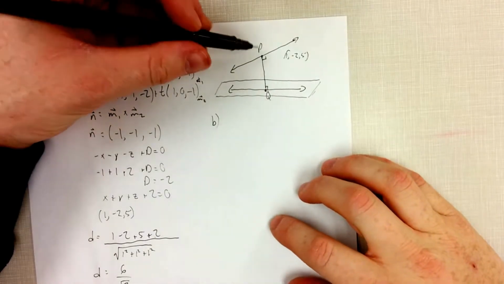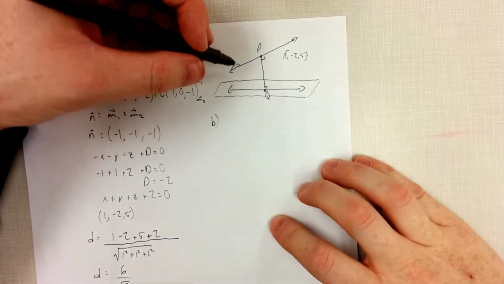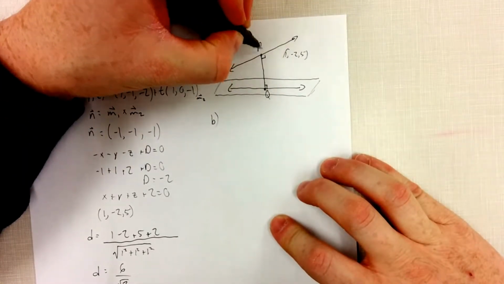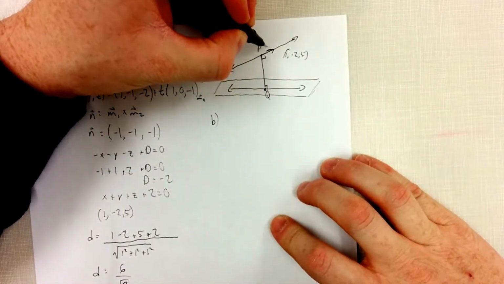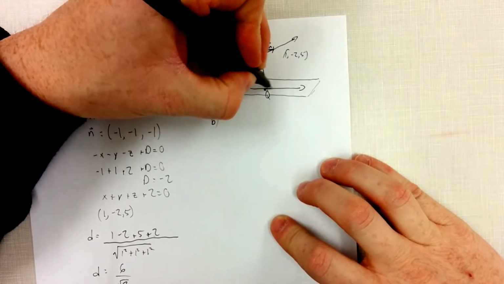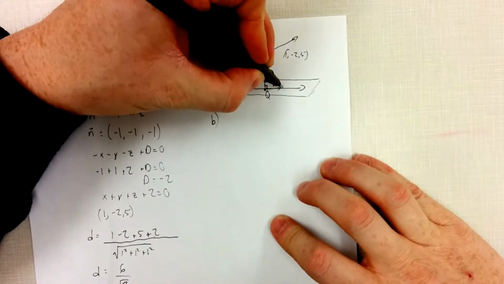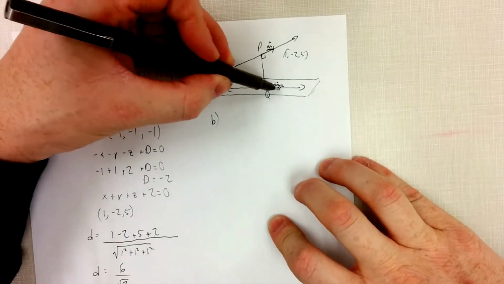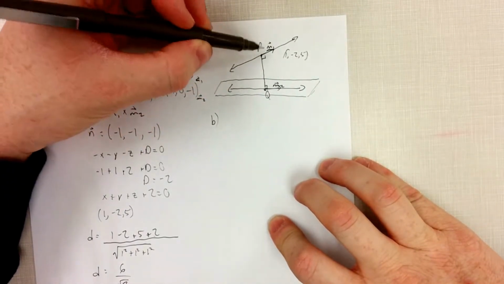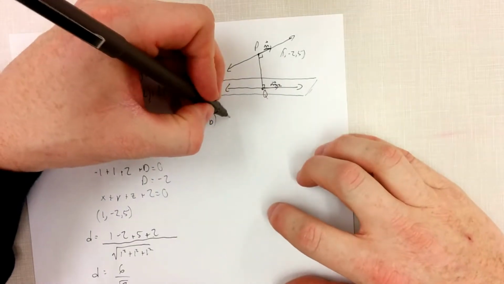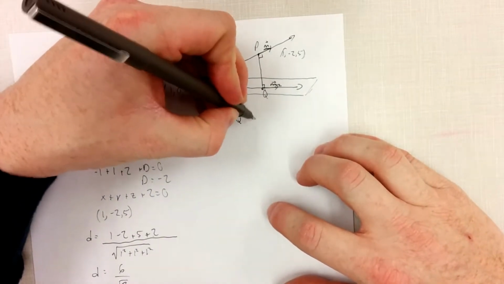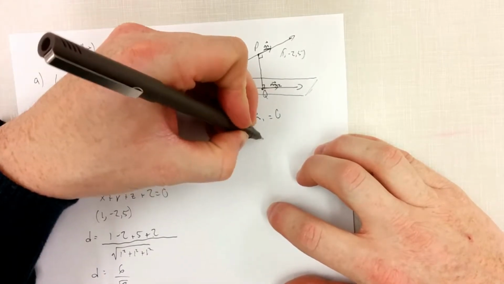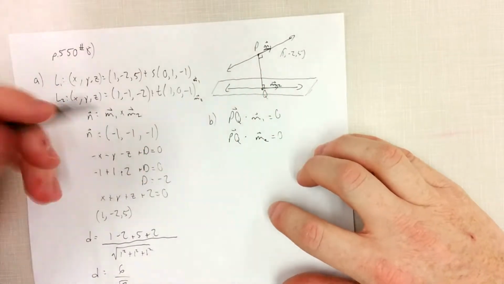In order to find these points P and Q, we have to imagine that there's a vector PQ, and that this vector PQ will be perpendicular to both direction vectors. So if there's an M1 on this line and an M2 on that line, then the vector PQ will be perpendicular to both. That is, PQ dot M1 equals 0 and PQ dot M2 equals 0.